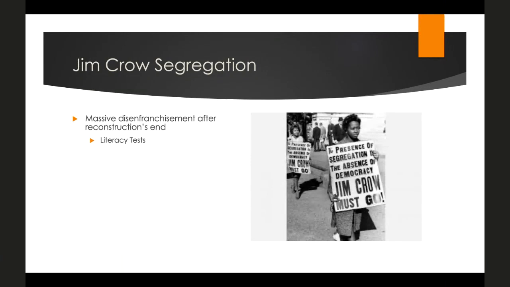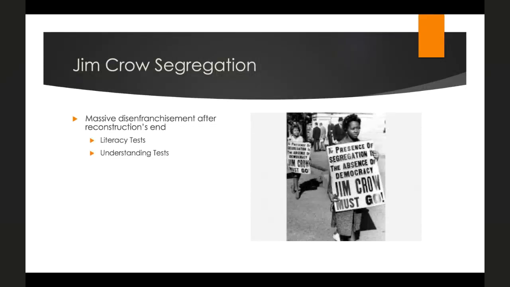These included literacy tests in which poll workers and test administrators would intentionally give more difficult passages to read to African Americans, as well as understanding tests in which a piece of law or a provision of the Constitution would be presented, and the prospective voter would have to explain the meaning or interpret this obscure constitutional provision.